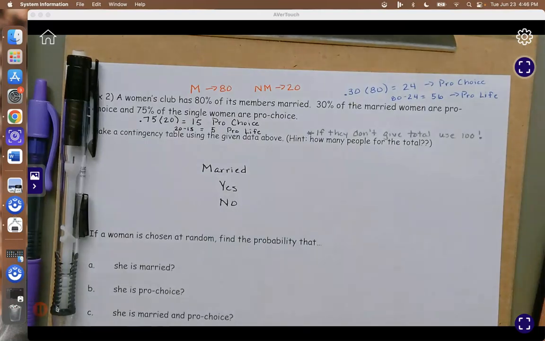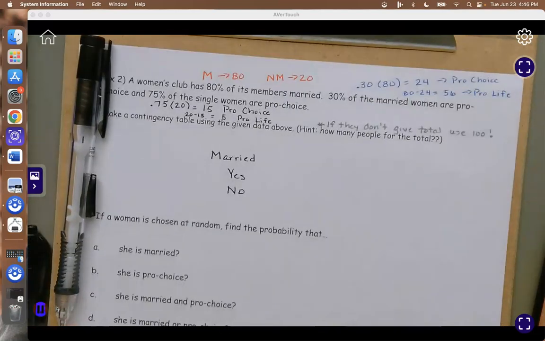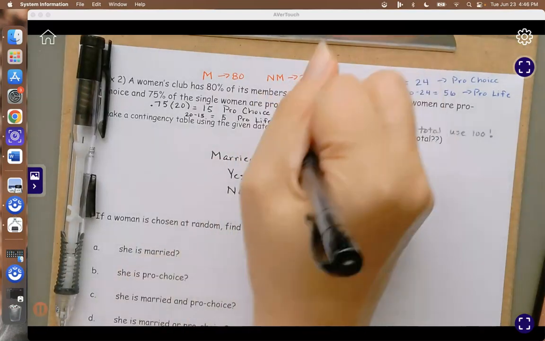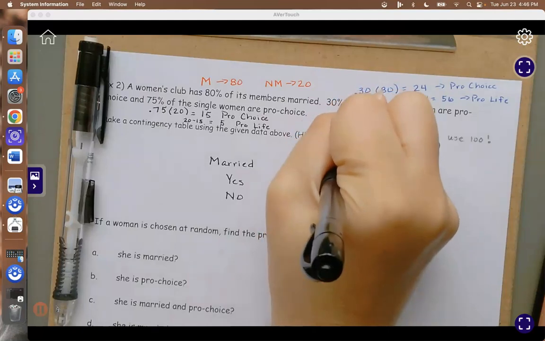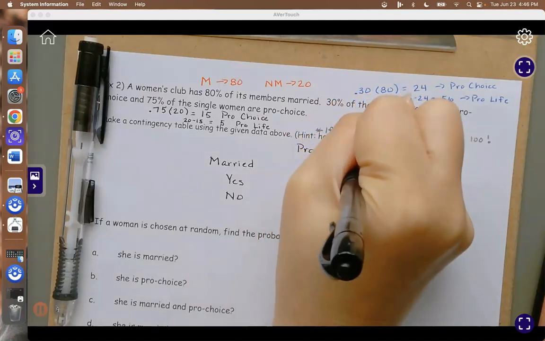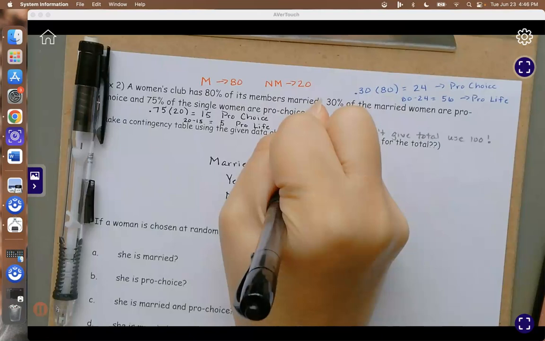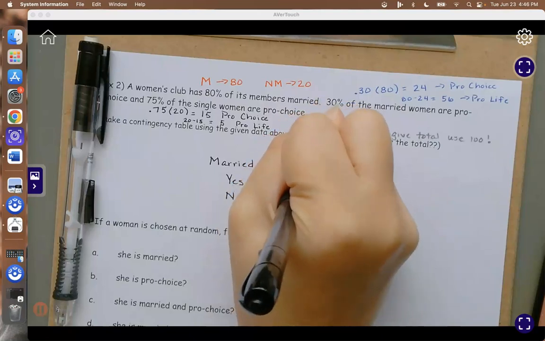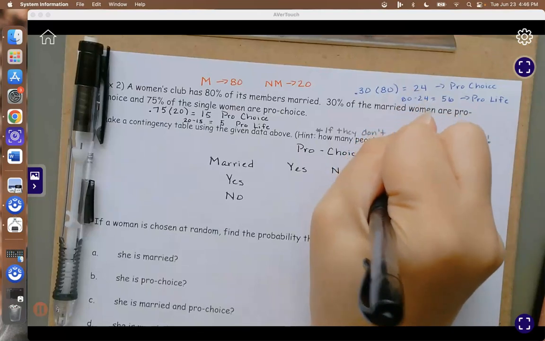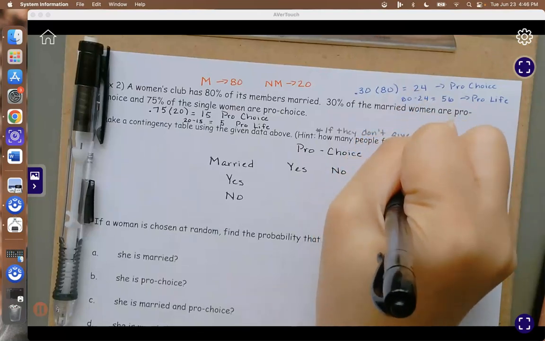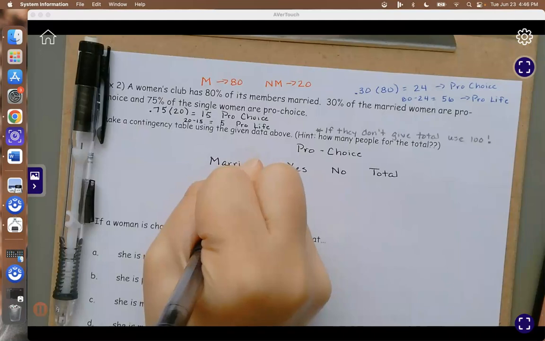Then we're going to do pro-choice. Yes, no. And there's a total here, and then there's a total here.